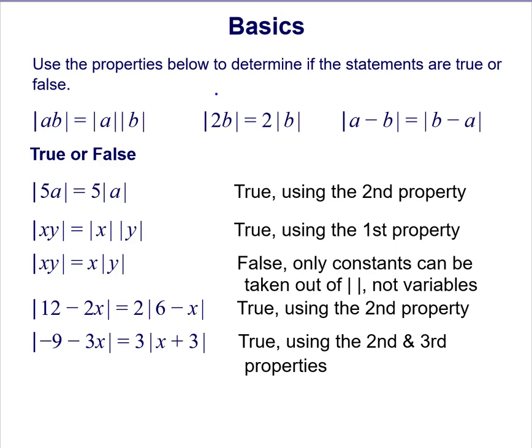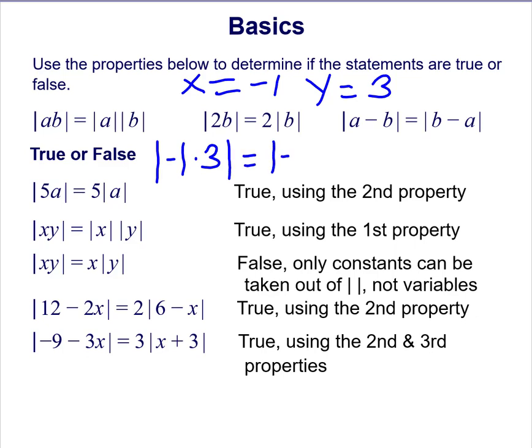This next one is interesting. This is not true, it's false, and that's because only constants can be taken out of the absolute value, not variables. Let me illustrate this. Let's say that x is equal to negative 1 and that y is equal to 3. So for this first one, if I take the absolute value of negative 1 times 3, that's going to equal the absolute value of negative 3, which is positive 3.